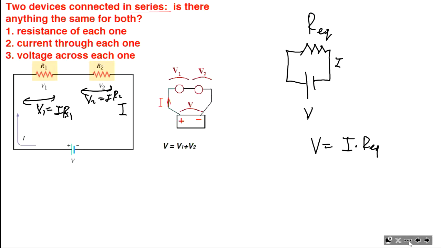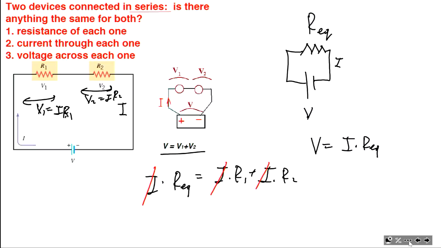And we also know that for any devices connected in series, total voltage is equal to the sum. So I times R equivalent should be equal to I times R1 plus I times R2. Can we make it simpler? Can we? How?